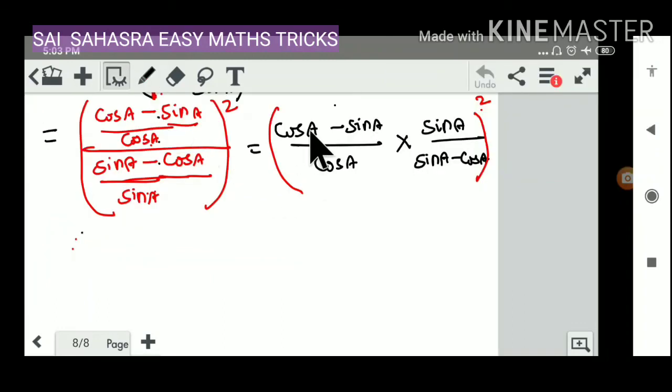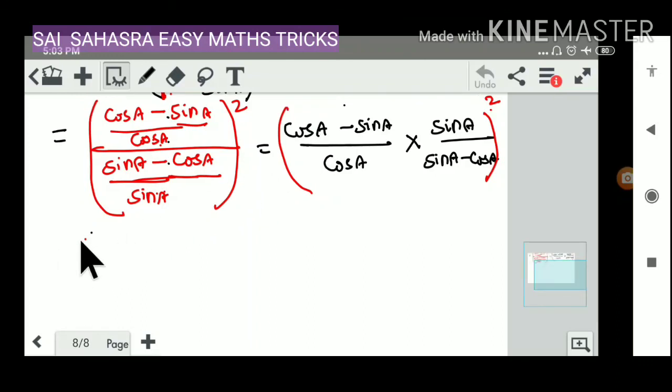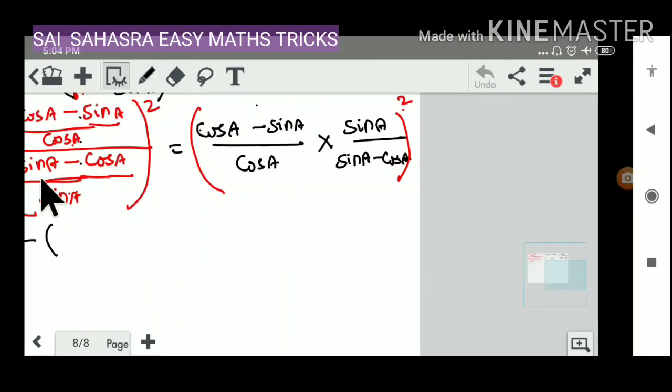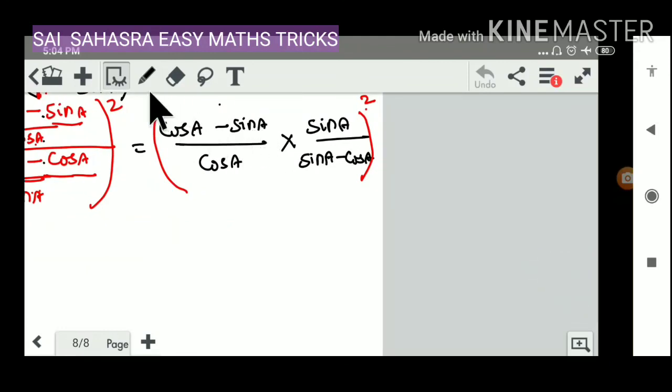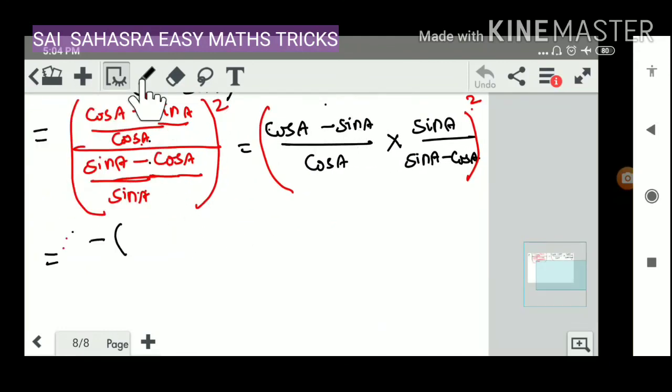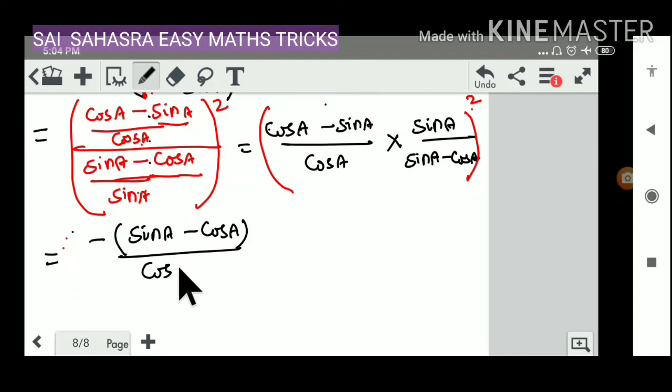From this I wanted to take minus common from cos A minus sin A. If we take minus common, the positive becomes negative, and this minus sin A becomes plus sin A. So first we will write plus sin A, and this positive cos A becomes negative cos A when we take minus as common, and in the denominator cos A as it is.